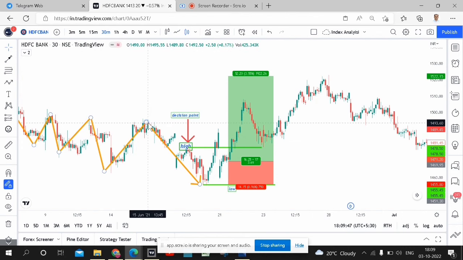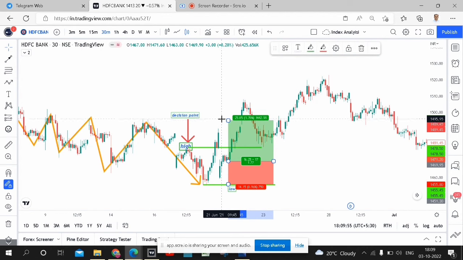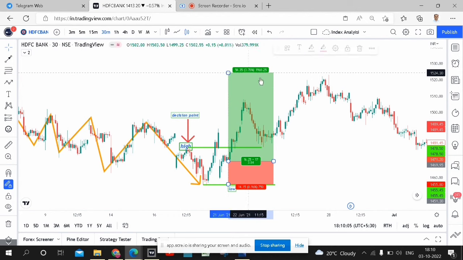And if anyone wants to go for a safer risk, this is the lowermost point. You have initiated a trade here. The target will be the previous high. Even if you go as per that, we have a risk of 14 points. The reward will be 28 points, which equals 1 is to 2.